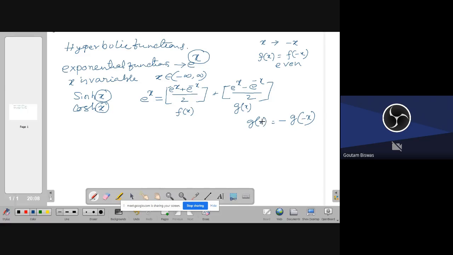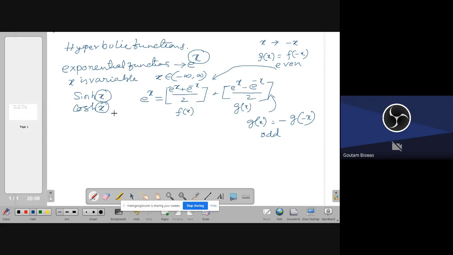If you change the sign of the independent variable, one minus sign will come here. This type of function is known as an odd function. So this is an even function and this is an odd function. So e to the power x is the sum of one even function and one odd function.